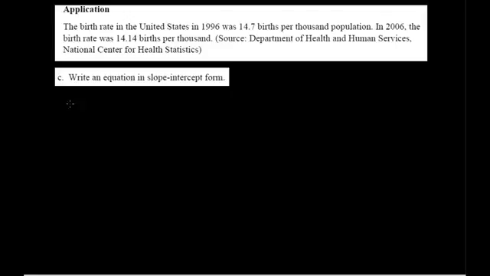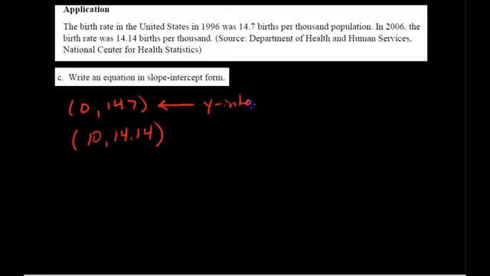But what if we used these ordered pairs? And (0, 14.7). Well, what's good about that is that this is the y-intercept, and we know this because x is equal to 0.